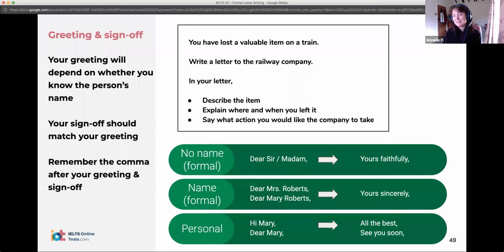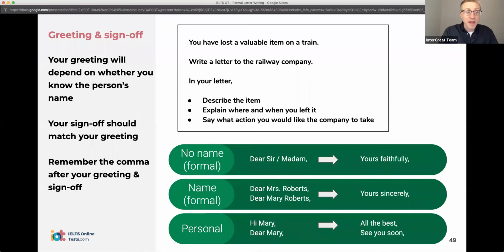And again, obviously, lots of love or cheers wouldn't work either. So best wishes or best regards would work for semi-formal. Maybe kind regards as well. Kind regards is a very nice way to end a letter like that. Yeah, best wishes. Great, excellent.